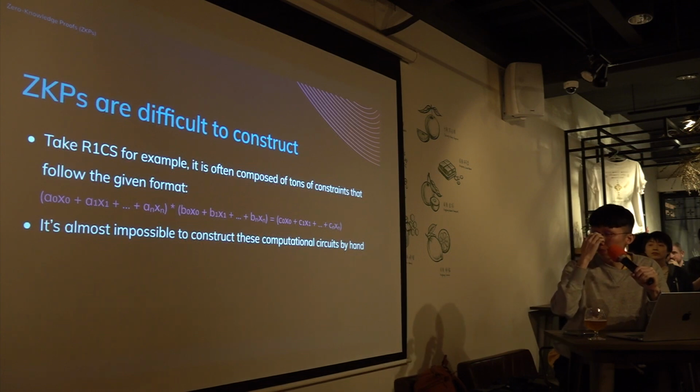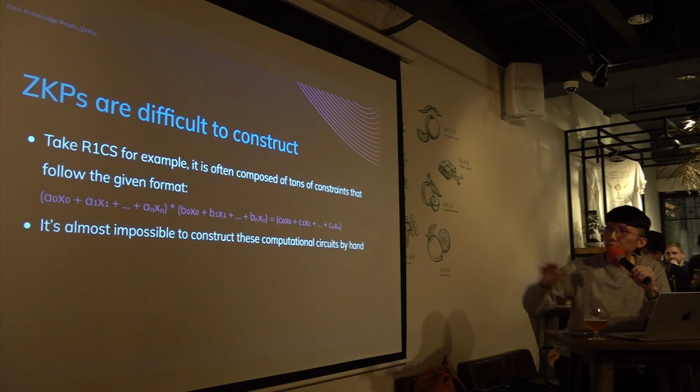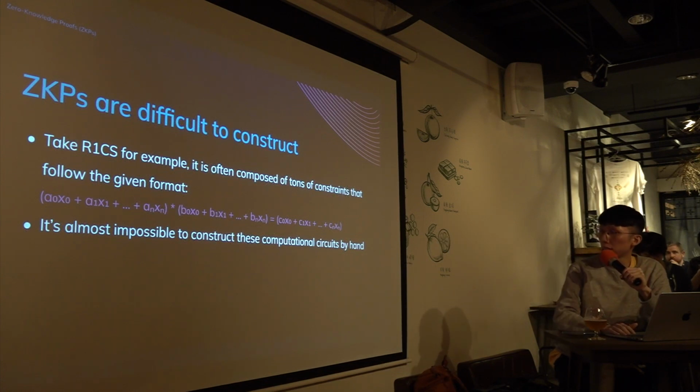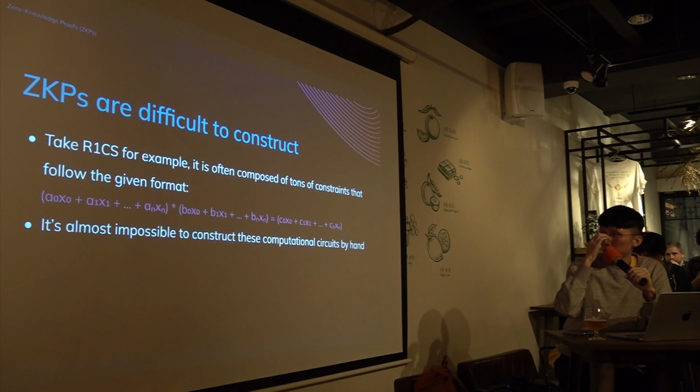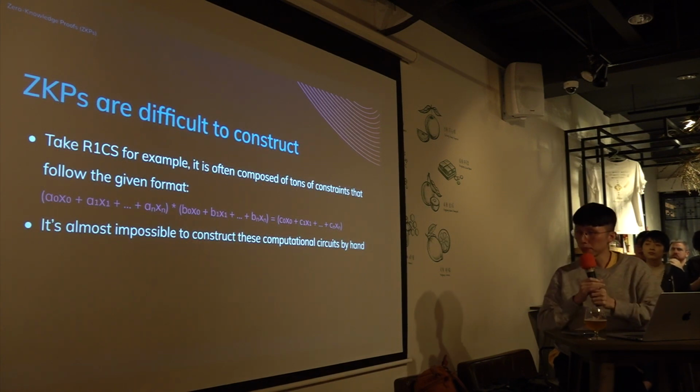Okay, so in order to formulate the ZKP, you have to generate a lot of this kind of constraints. But they're almost impossible to construct by hand when the statement you're trying to prove is a bit complicated.